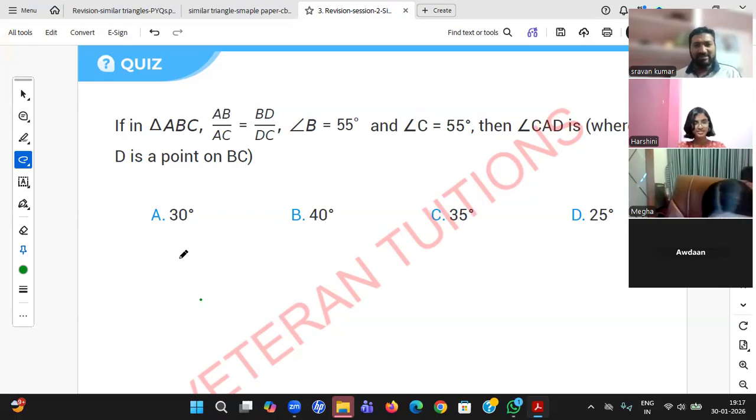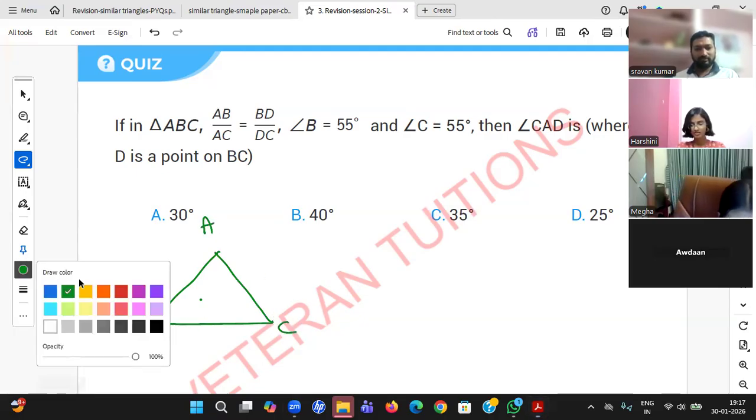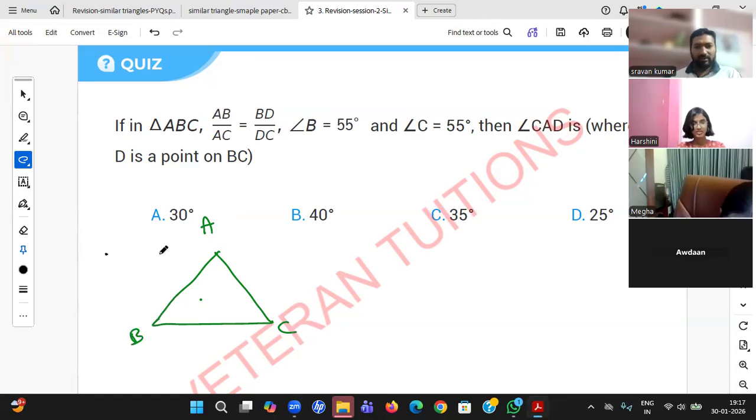Yes, Narendra, right answer. Very good student. D is a midpoint on BC.